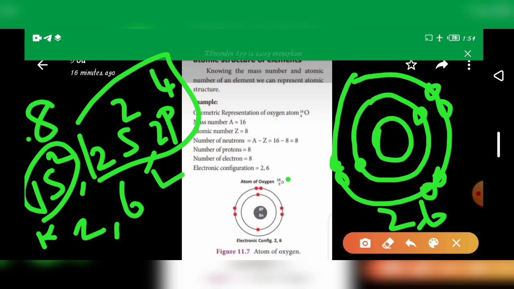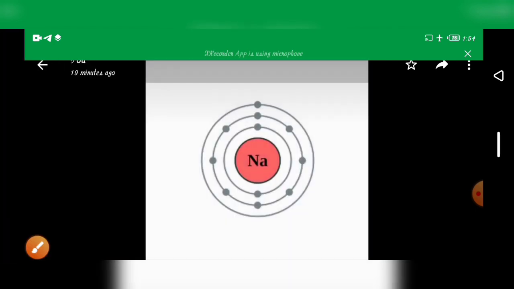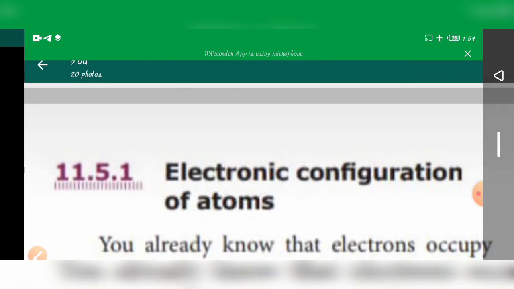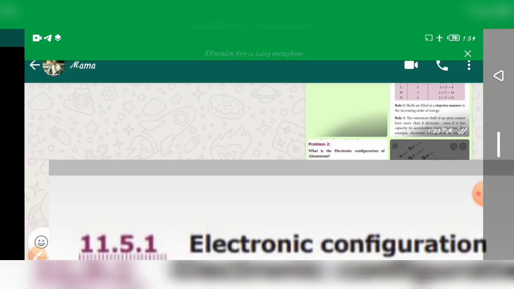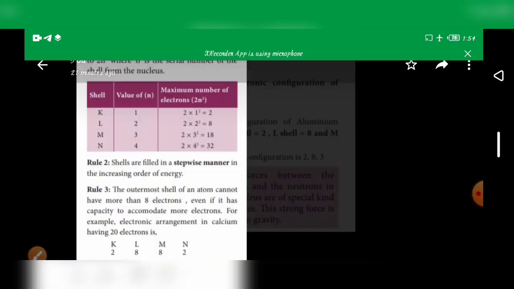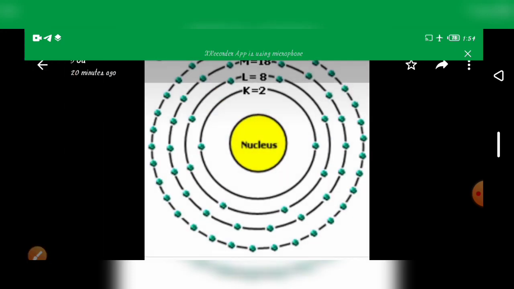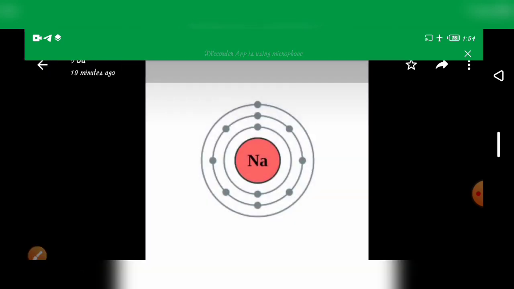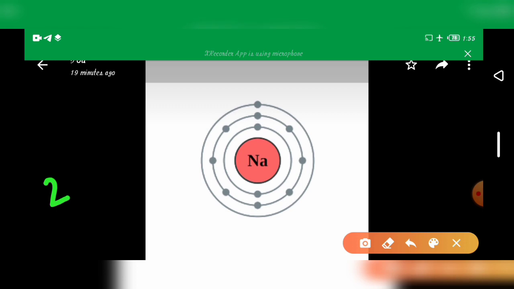I will give more examples for you. Here is the sodium atom. For the sodium atomic number, you have to count. The first cell contains 2 electrons. The second cell contains 1, 2, 3, 4, 5, 6, 7, 8, so 8. Next, the third cell contains 1.